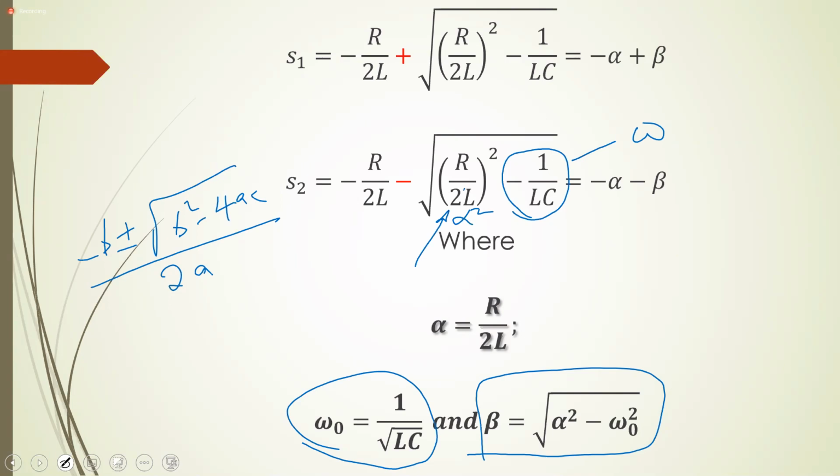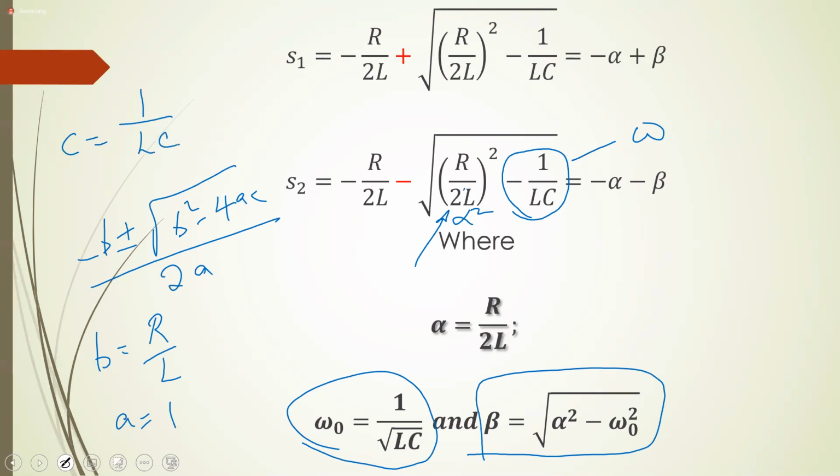From our auxiliary equation, b is equal to R over L, a would be equal to 1, and c from our equation will be 1 over LC.